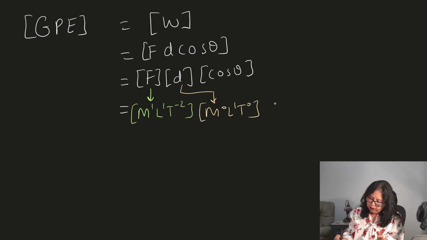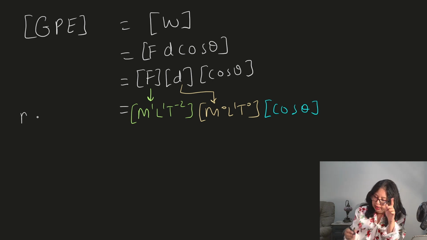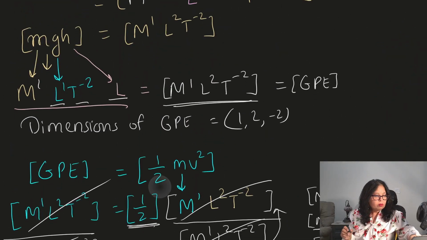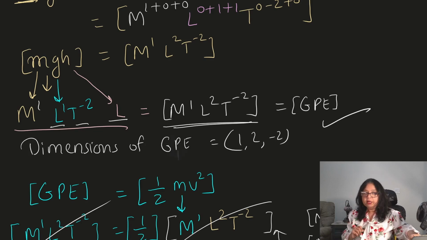Times. Look, dimensional formula for cosine theta. On the left-hand side, I have M1, L2, T minus 2. We have already done this thing, right here: 1, 2, minus 2.